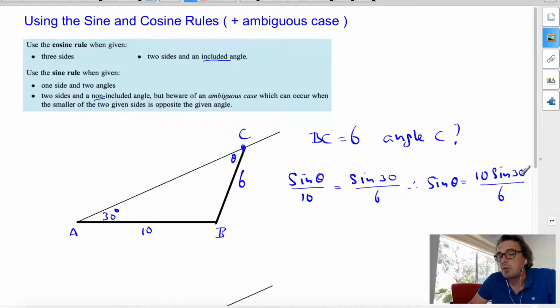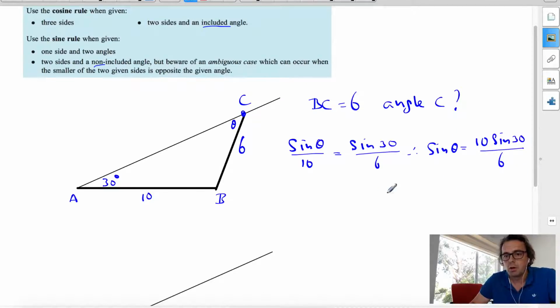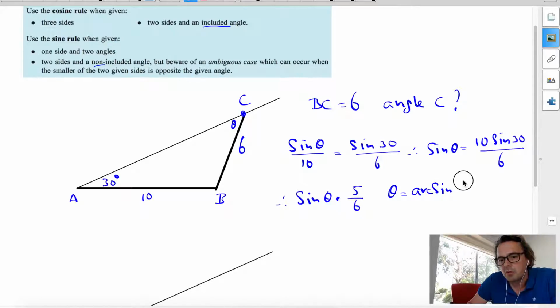Now the sine of 30 is 1/2. I know that because I'm a maths teacher. And 1/2 times 10 is 5. So from this it follows that the sine of theta is 5 on 6. All good.